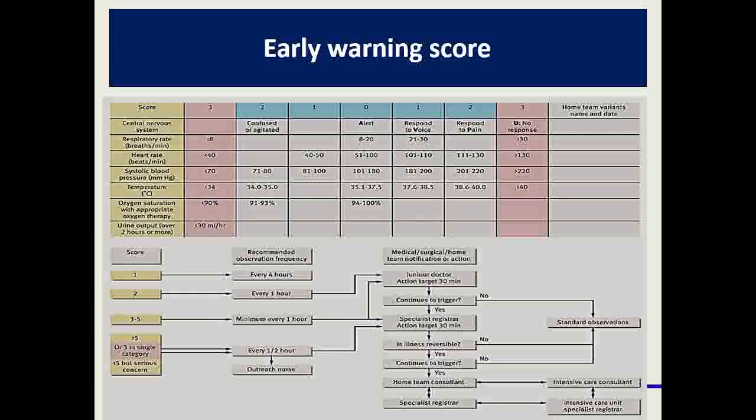This patient can be looked after in the ward with 4-hourly monitoring. With 2-3 nurses in the ward, 4-hourly monitoring is not too bad, they can manage 4 to 6 hours, and they call the junior doctor and say there's a patient who has a score of 1.